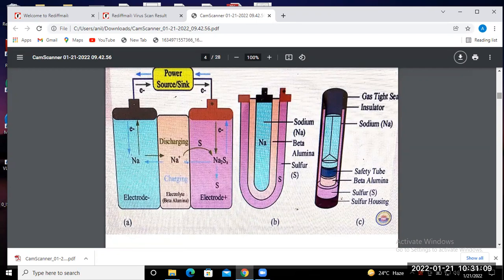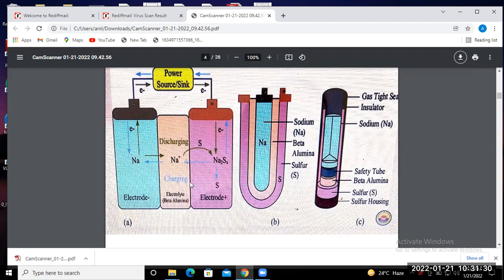That means this is your sodium, which acts as the negative electrode, and sulfur as the positive electrode.